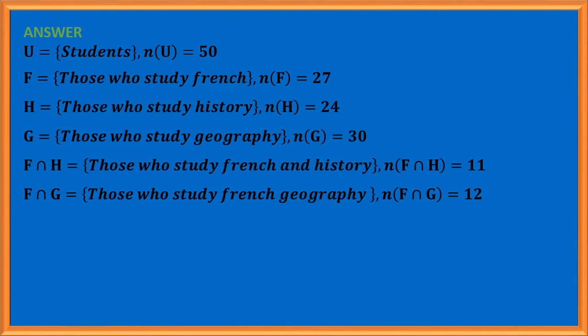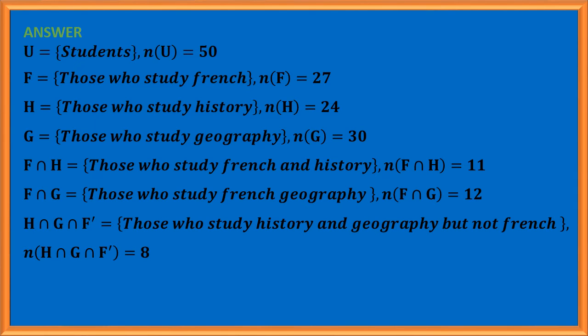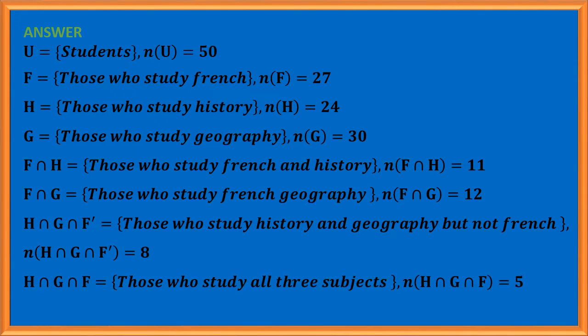F intersection G represents those who study French and geography. That is, the number of F intersection G should be 12. Then those who study history and geography but not French will be represented by H intersection G intersection F prime, and the number will be 8. We also have H intersection F intersection G, those who study all the 3 subjects, and the number will be 5.